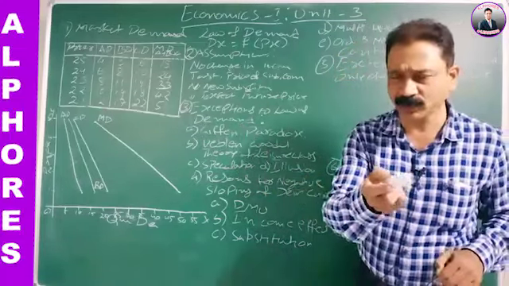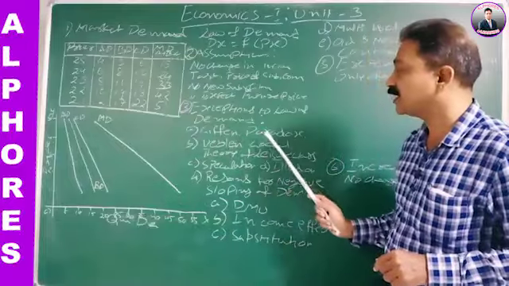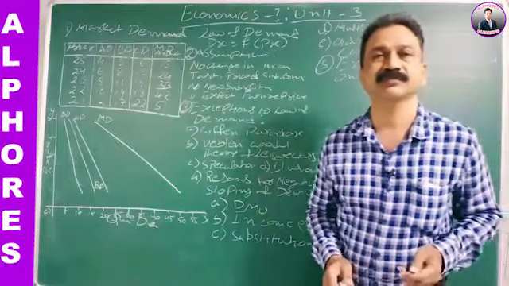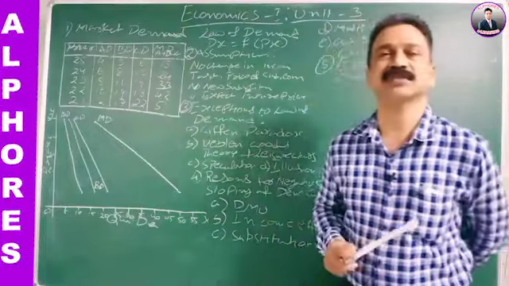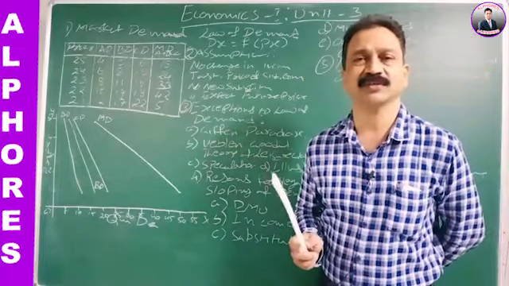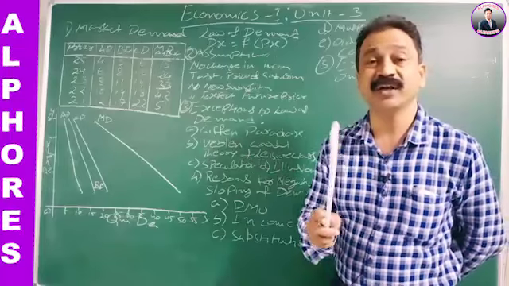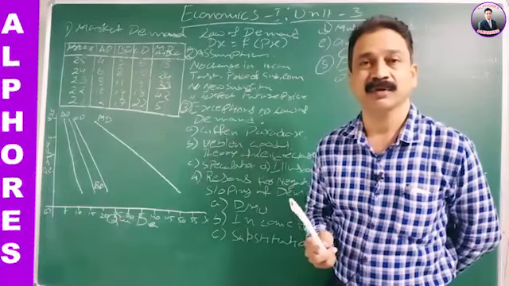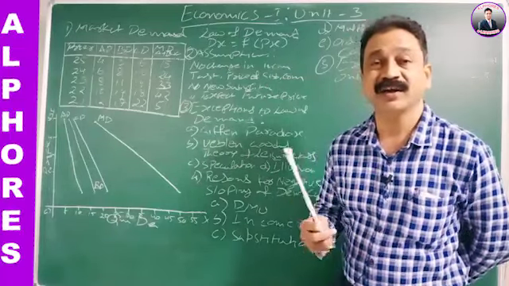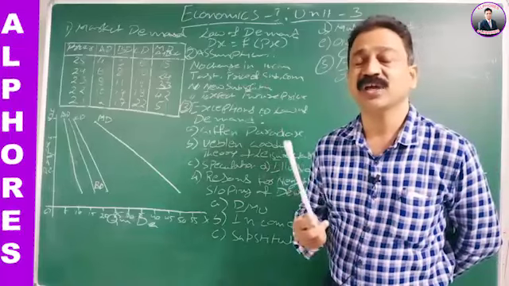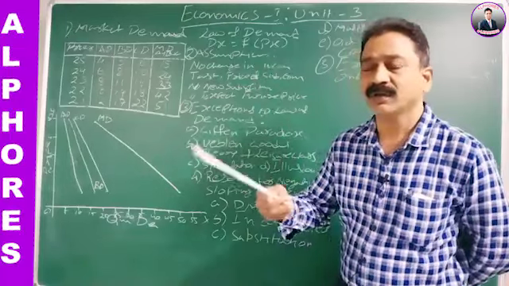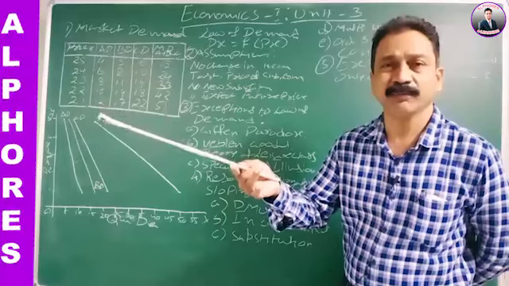In your textbook you can see them. First one is Giffen paradox. What is this Giffen paradox? Actually, Sir Robert Giffen, he was awarded a Sir Award. He was declared a knight. It is the highest award in the UK.